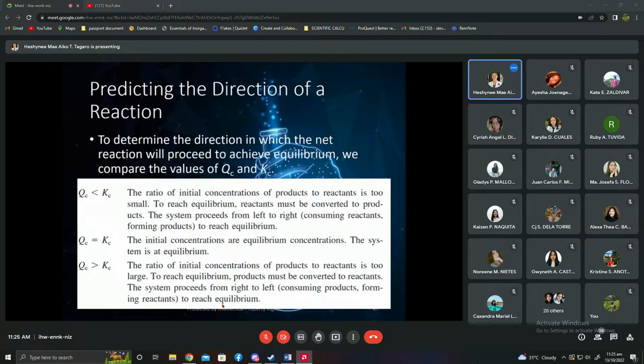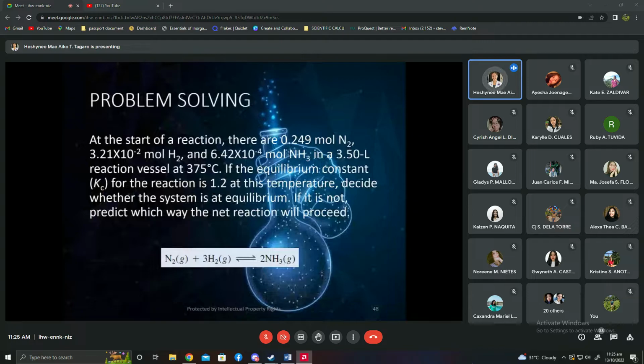All right. Let's have a problem solving in relation to this. At the start of a reaction, there are 0.249 moles of nitrogen, 3.21 times 10 raised to negative 2 moles of hydrogen, and 6.42 times 10 raised to negative 4 moles of ammonia in a 3.50 liters reaction vessel at 375 degrees Celsius.